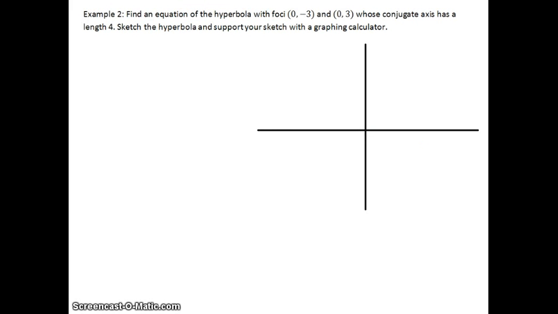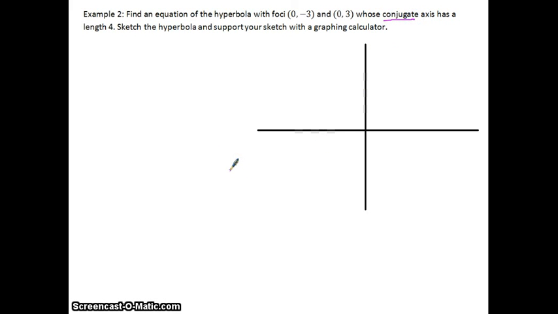For our second example, we want to find an equation of the hyperbola with foci at 0, -3 and 0, +3 whose conjugate axis has a length 4. Sketch the hyperbola and support your sketch with a graphing calculator. Well, I recall now that we have not talked about the conjugate axis.